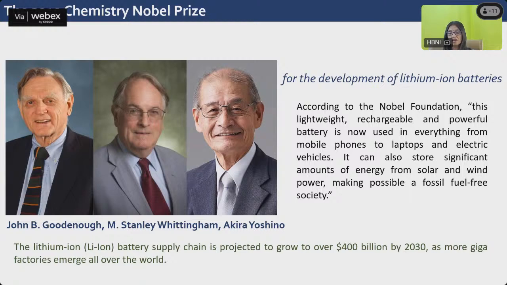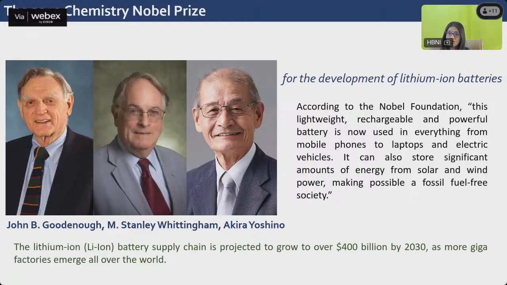We know how important mobiles have become, and this wouldn't have been possible if lithium-ion batteries had not been developed. Lithium-ion batteries have application in portable electronics, in renewable energy storage, and in electric vehicles. So you can imagine the importance of lithium-ion battery technology.